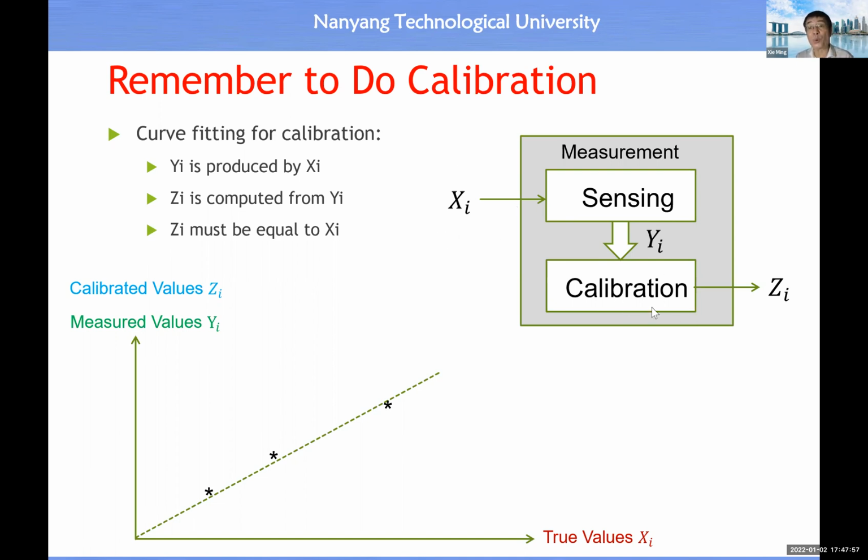Therefore, we need to do calibration. The purpose of calibration is to make sure that the rectified value Zi from Yi is equal to Xi. So Xi and Zi will follow this relationship, a straight line which is 45 degrees above the horizontal axis. Especially when you apply principle 1.